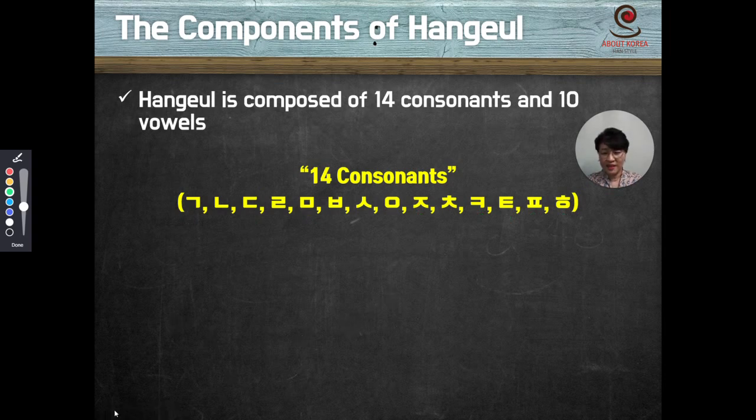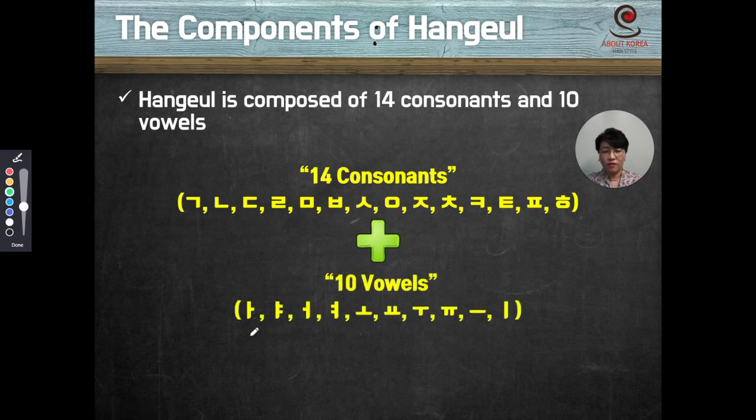And next, plus 10 vowels. The first one is a, ya, o, 여, 오, 요, 우, 유, 으, 이. Alright, those are the 10 vowels.